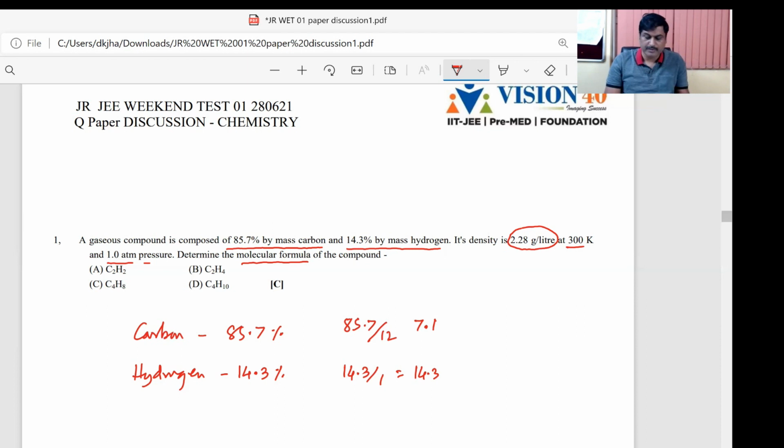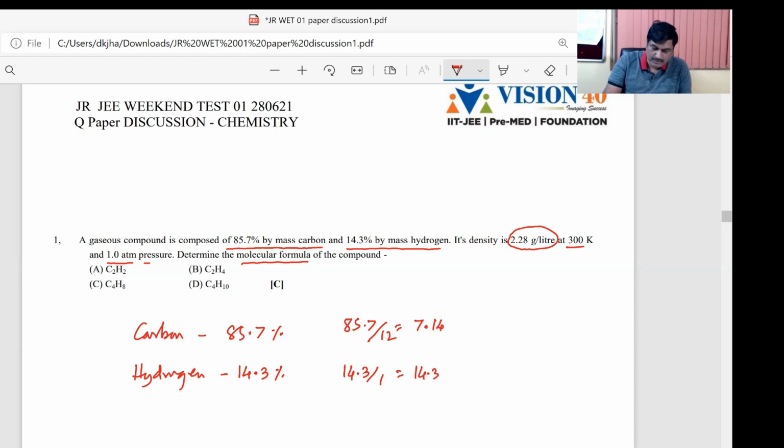Okay, let's check this one also. 7.14. No problem. Now this one is the number of moles.